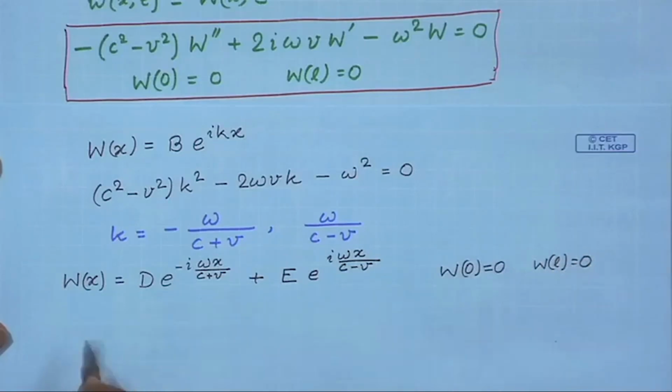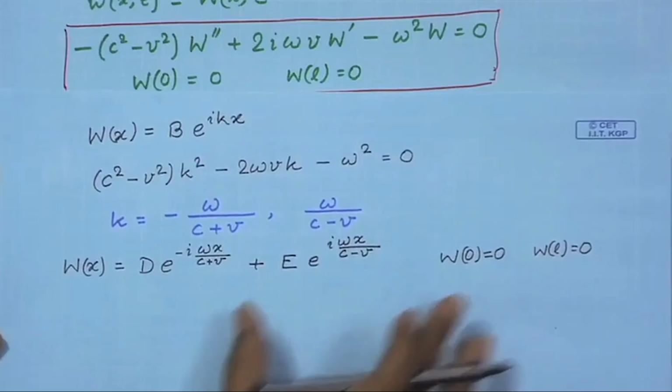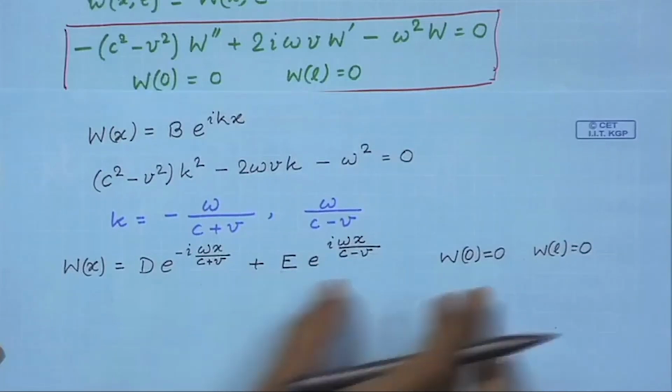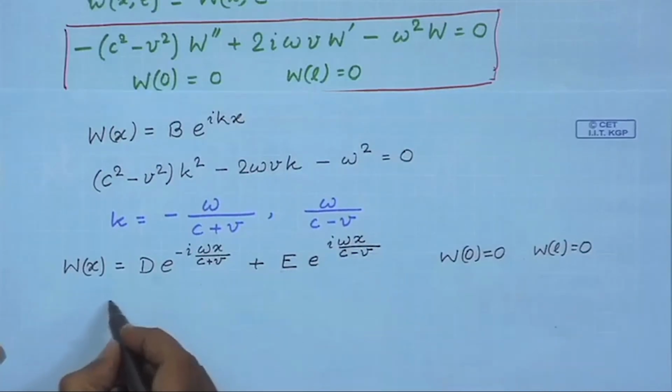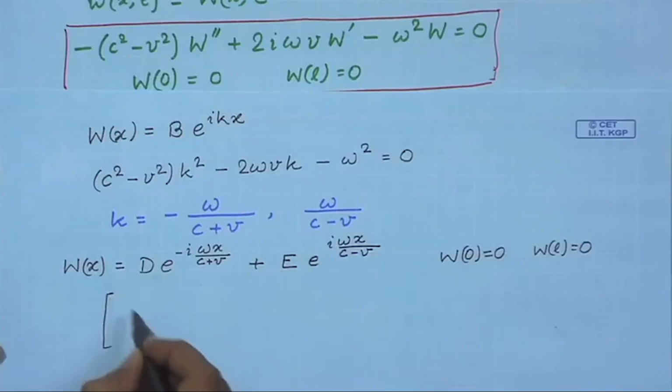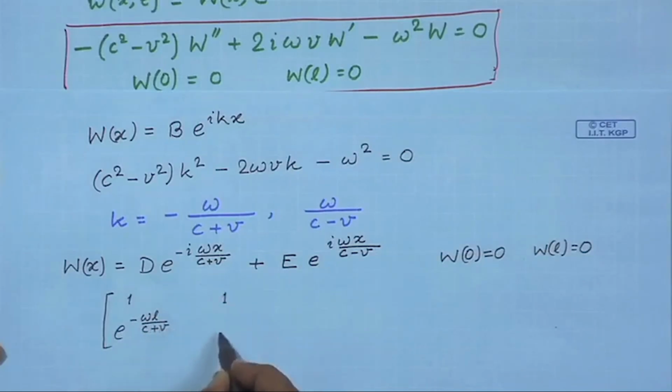So, if you substitute this solution in the boundary conditions, then we can write these two equations in a compact form.